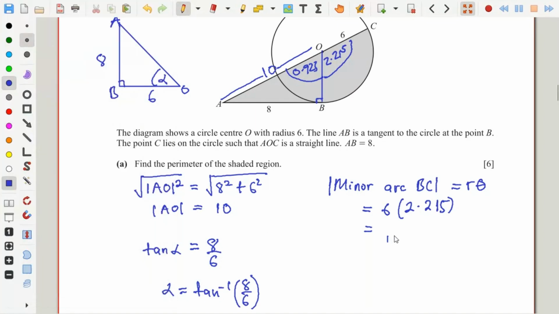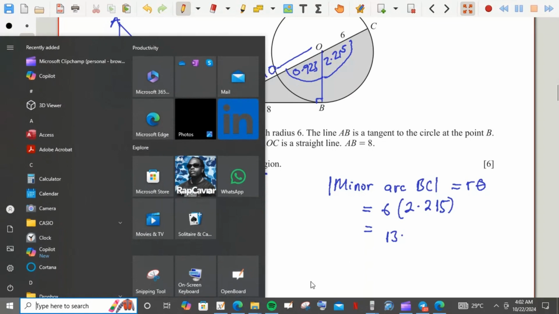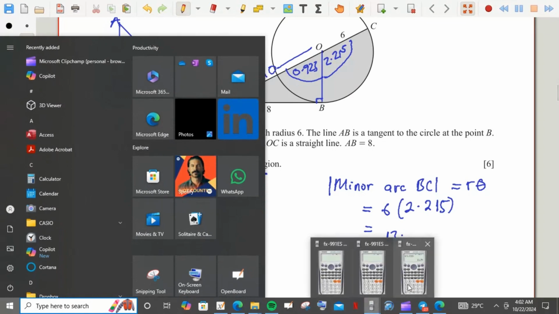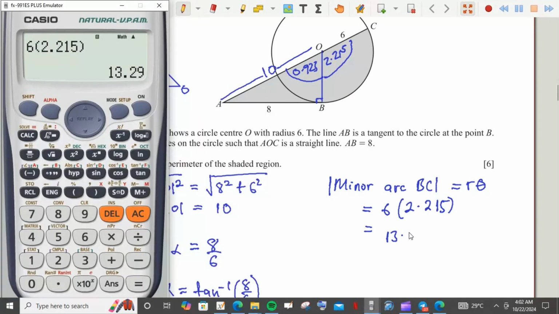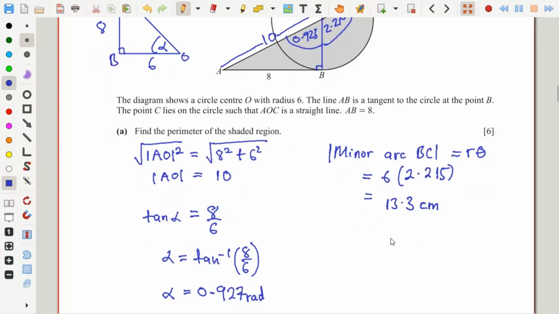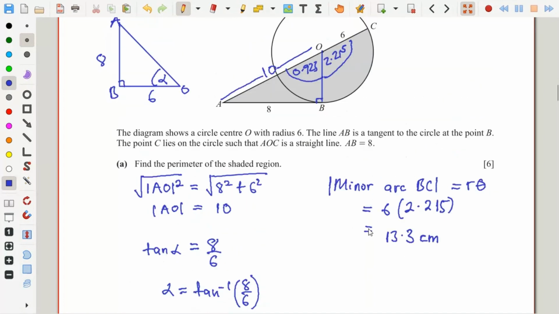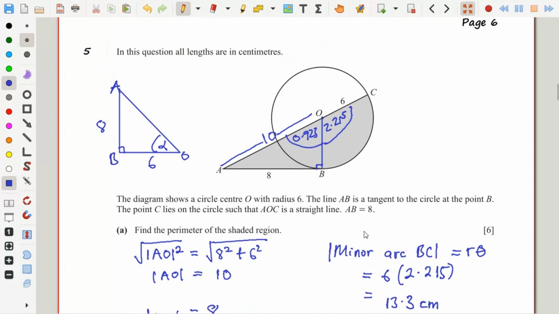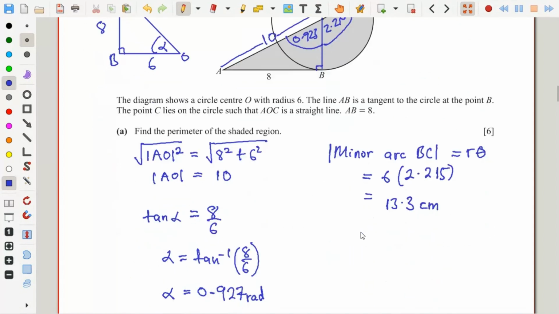Okay, I'm getting 13 point what? 13.3. Okay, I've rounded it to 3 SF, three significant figures. Okay, so right now I know the length of BC.